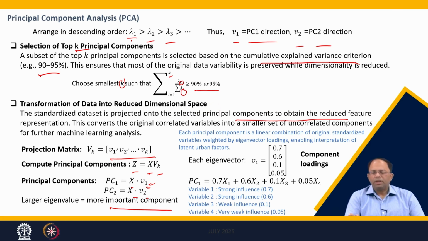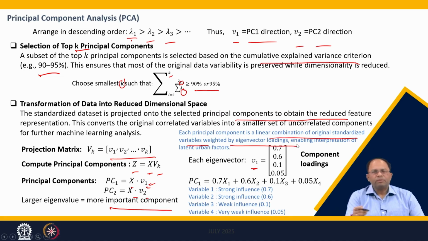Each principal component is a linear combination of the original standardized variables weighted by eigenvector loadings, enabling interpretation of latent urban factors, right? So each of these eigenvectors V1, because we are dealing with multiple features, is a linear combination of the original standardized variables weighted by the eigenvector loadings.